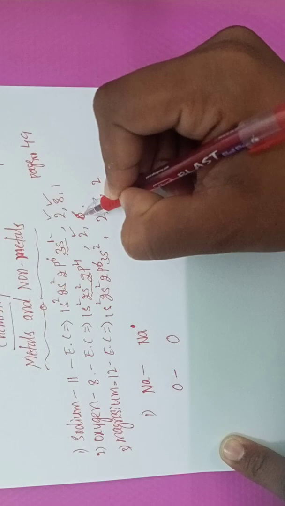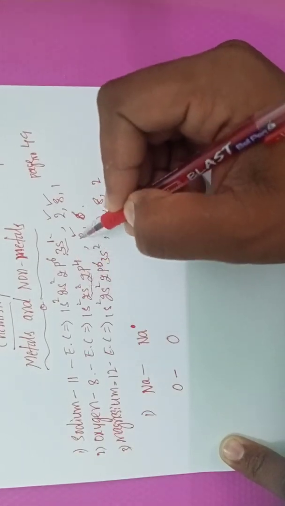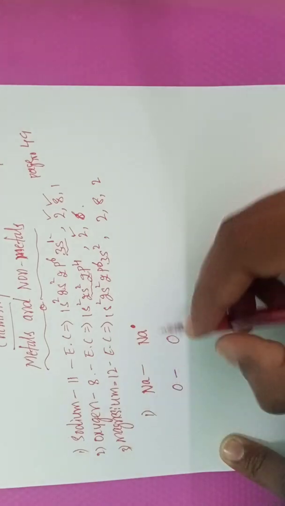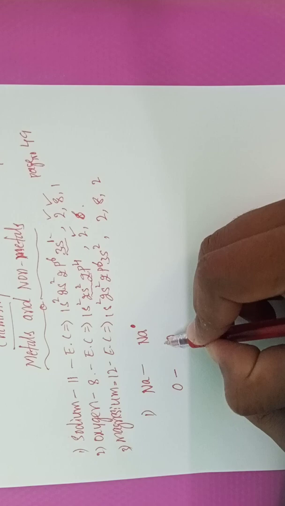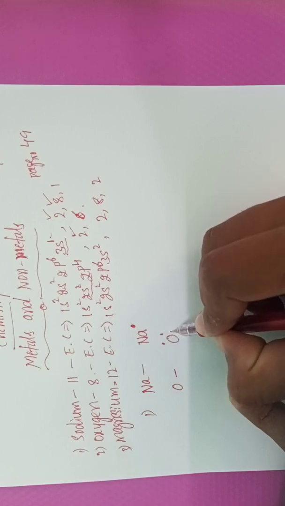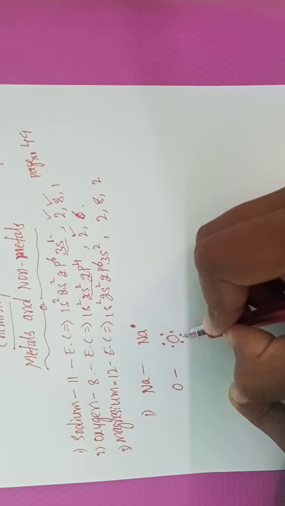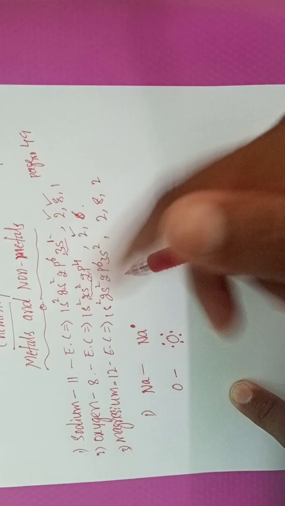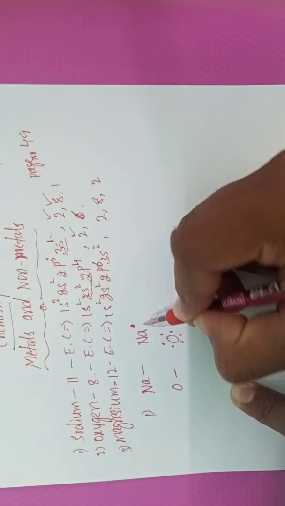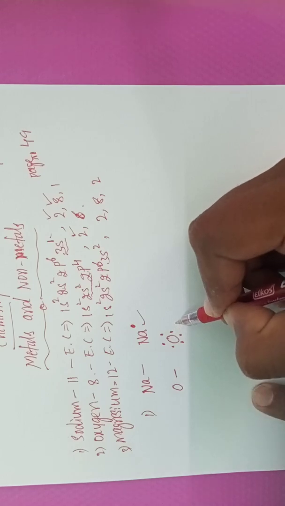In the second shell we have 2 plus 4, totally 6 electrons. For this oxygen atom you have to represent the 6 valence electrons, means 6 dots around the oxygen. So this is the electron dot structure of sodium, and this is the electron dot structure of oxygen.